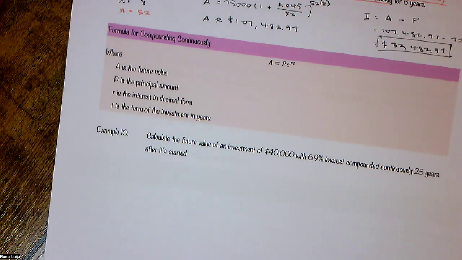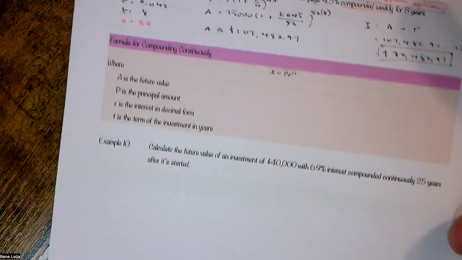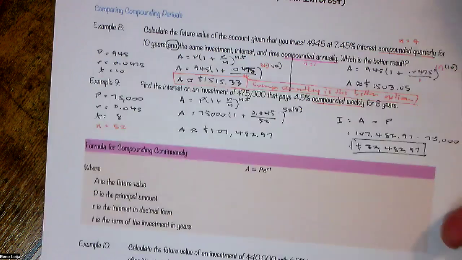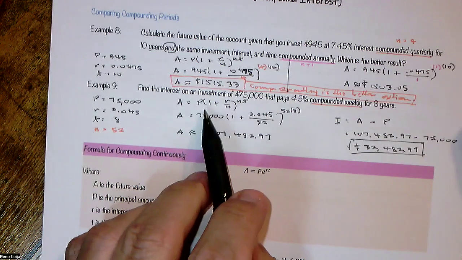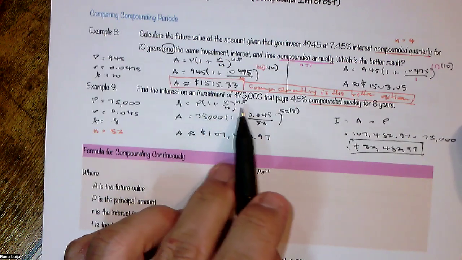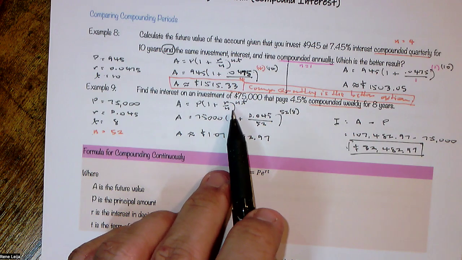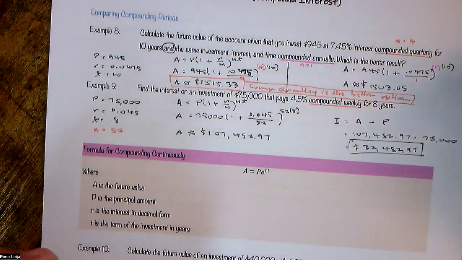Okay. All right. One last problem, and it's another compounding formula, but this one is different. You use the compounding formula A equals P times 1 plus R over N raised to the N times T when they give you compounded monthly, daily, weekly, and so on.